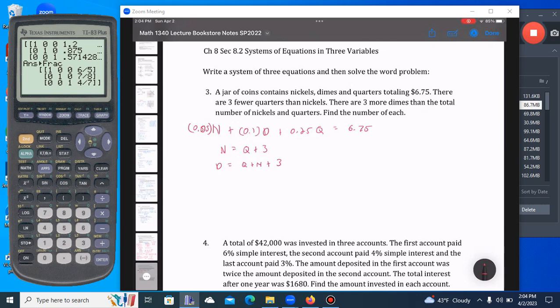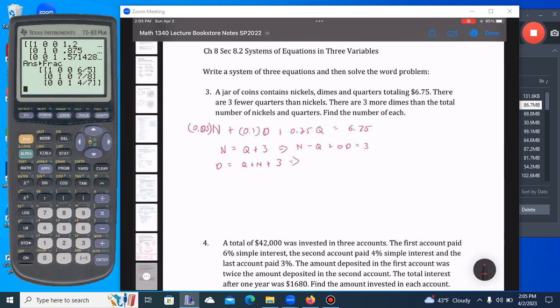So we can write these now as a matrix, but a couple of the equations we want to adjust. So we're going to need nickels minus quarters plus 0 dimes equals 3.